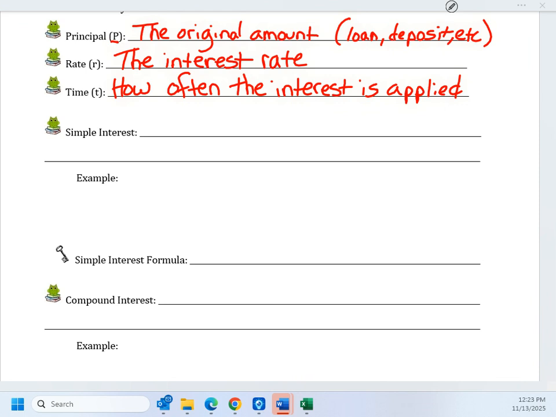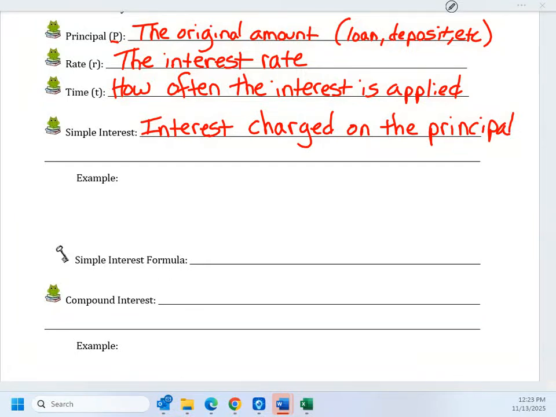Simple interest is interest charged on the principal only. So it's only charged on that principal amount.